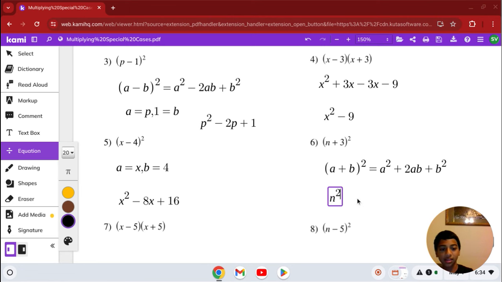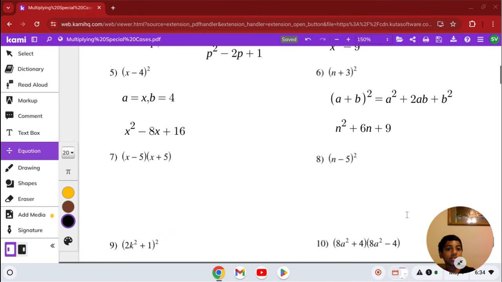So we're going to have n squared plus 2 times a times b, so 6n. 3 times n is 3n times 2 is 6n, plus b squared, which is 9, or 3 squared. That is your solution in number 6.